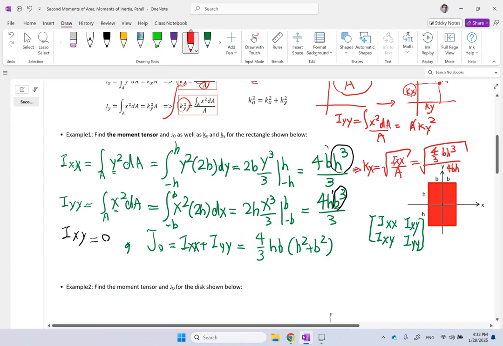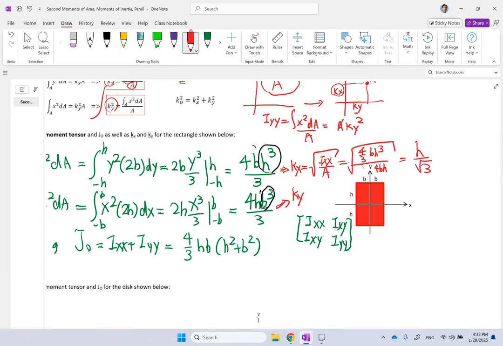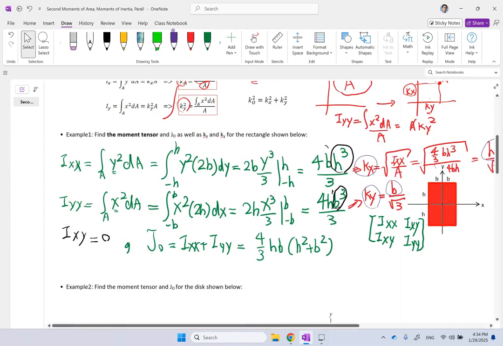We simplify, and you're going to get h squared over 3. Simplify it, you're going to get h over square root 3. And similarly, if you do a similar thing here, you can see that ky is going to be b over square root 3. So you see, your radii of gyration are also proportional to those important dimensions.